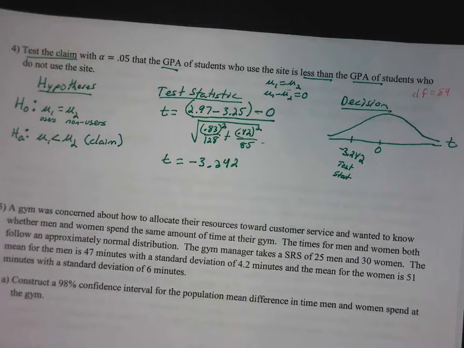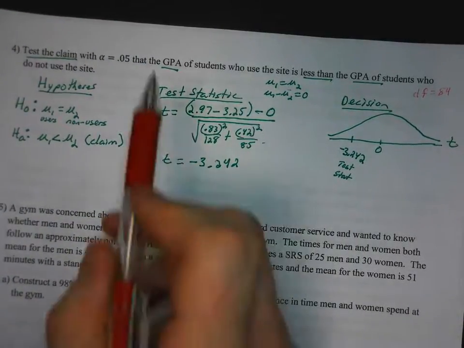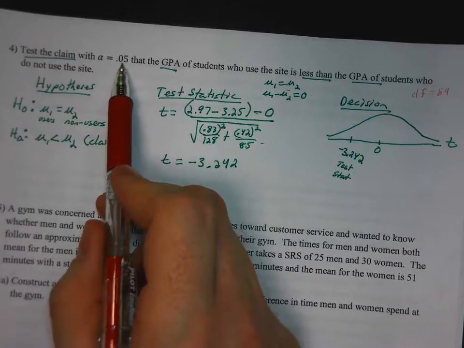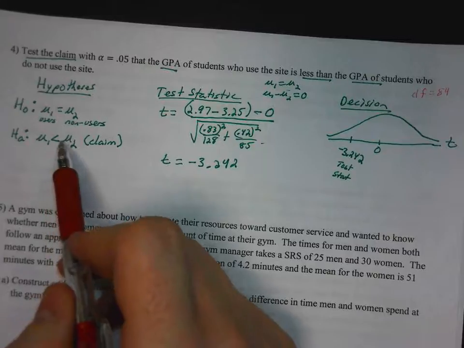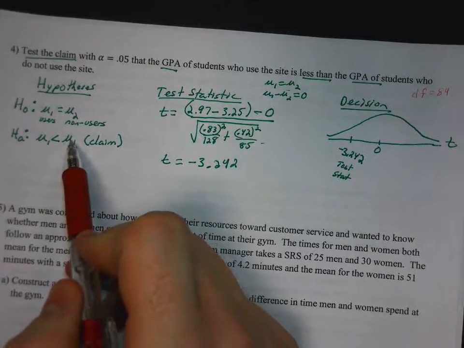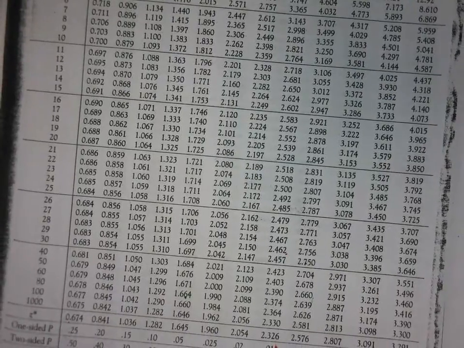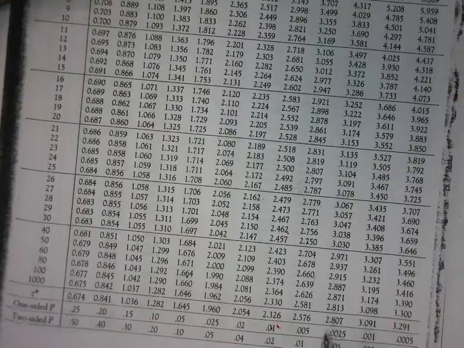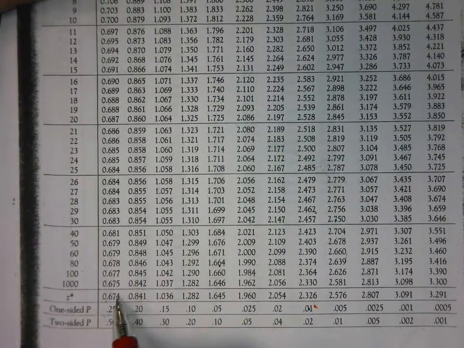So when we go to our t-distribution, 84 degrees of freedom, alpha is 0.05, and we're going to be in one tail because we have mu1 less than mu2. So we're going to be shading to the left. So if we have 0.05 in our one-sided p, one-sided p means you're in one tail.